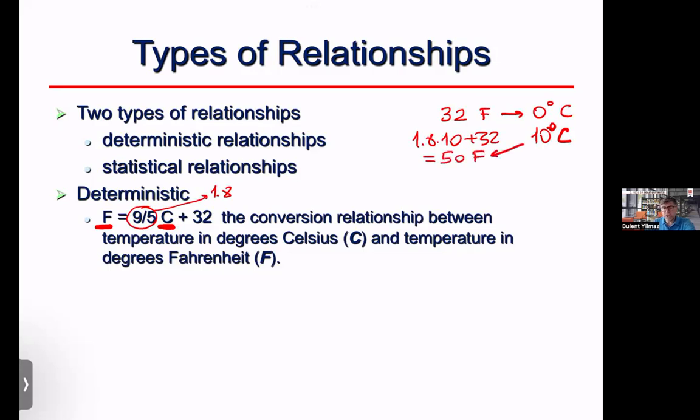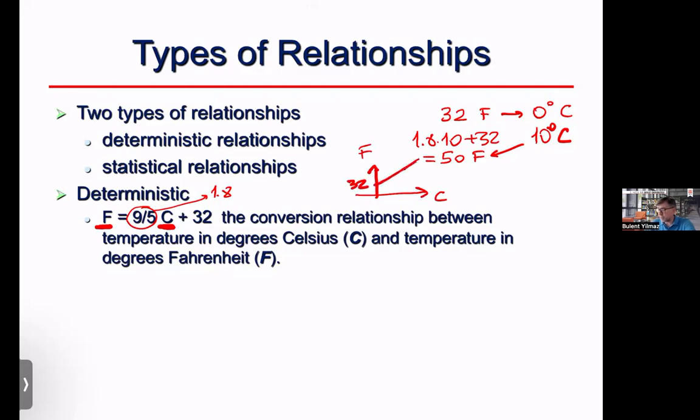Now the relationship is deterministic. There is no randomness here, okay? So if I want to draw Fahrenheit versus Celsius, if I put C equal to 0, Fahrenheit will be equal to 32, and there will be a slope of 1.8, right?